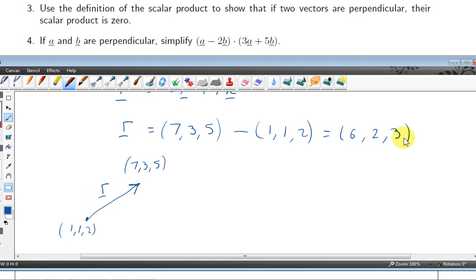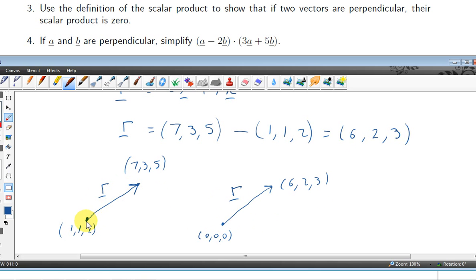Now, by calling it (6, 2, 3), it means that if we move this vector so that its tail is at the origin, and I'm not going to show this accurately, then its head is going to be at the point with coordinates (6, 2, 3). Well, of course, we will be moving this vector parallel to itself, so I should show this vector parallel to this. So that's the idea.